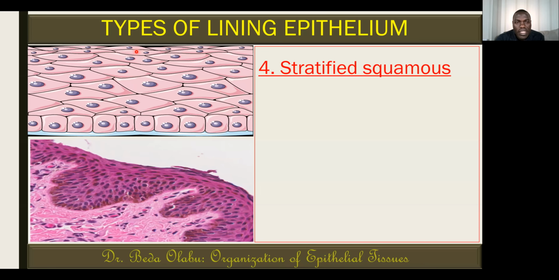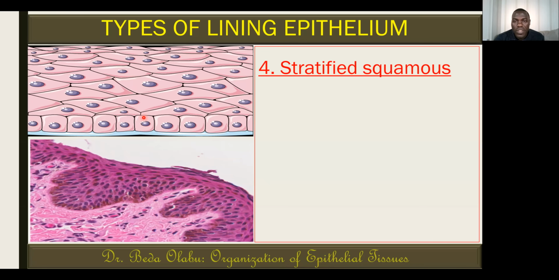We find stratified squamous epithelium in regions where you need a lot of protection against friction. So body surfaces that experience friction, whether that friction is actualized or anticipated, it doesn't matter. Regions of the body that experience friction are expected to have stratified squamous epithelium.